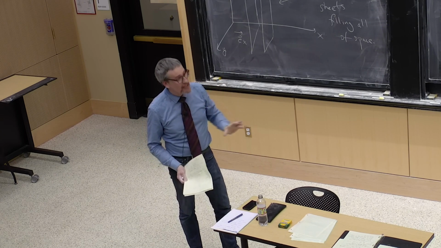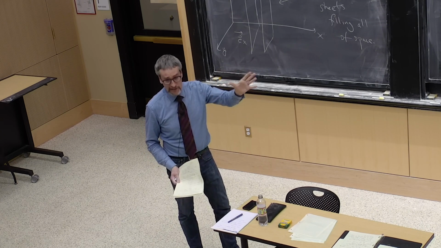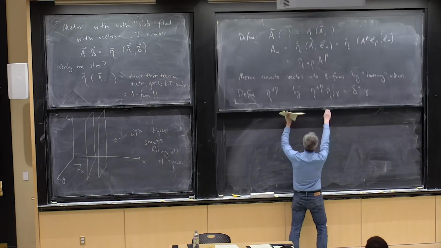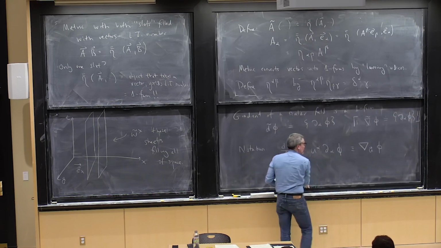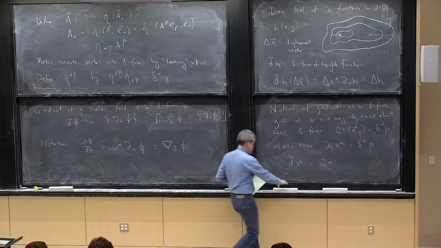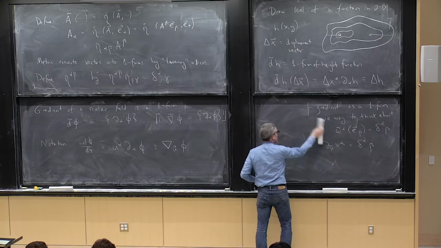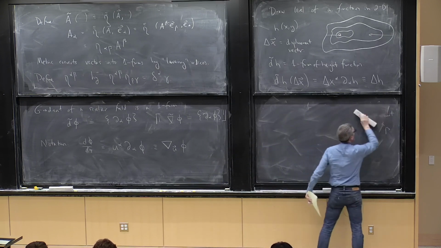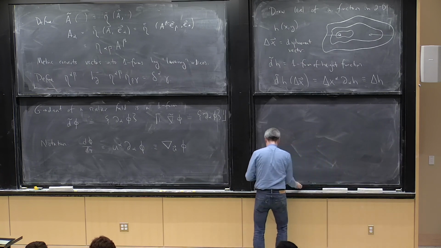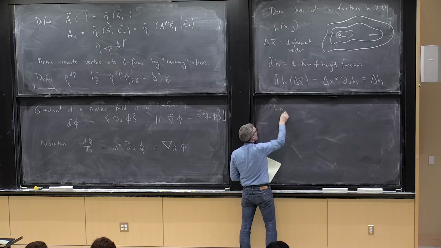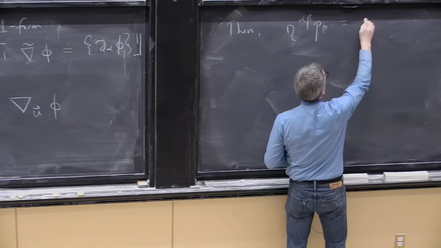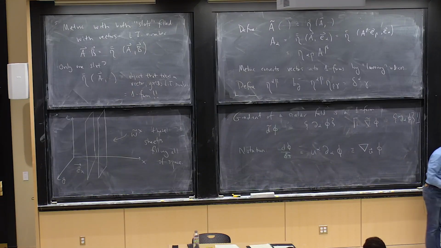Again, this is just because special relativity in rectilinear coordinates is simple. So I will often call that the inverse metric. And then you shouldn't have a lot of trouble convincing yourself that if I've got a one-form, I can make a vector out of it by a contraction operation.